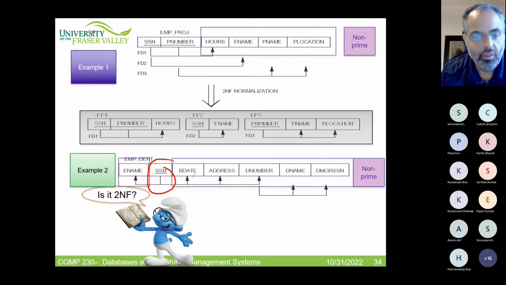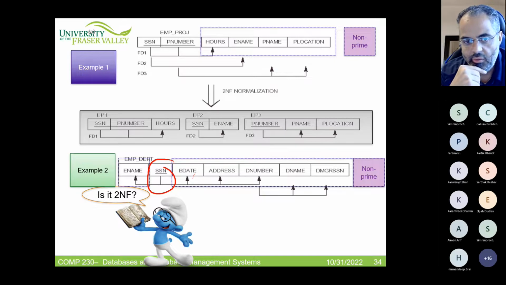But still they can depend on each other as non-primary attributes, like what happened in the second example. So non-primary can still be dependent on each other, and this is allowed. But if they are going to depend on the primary key, they should depend on the whole primary key, not on a part of it. Right, but that's the same thing here, because the primary key only has one attribute.